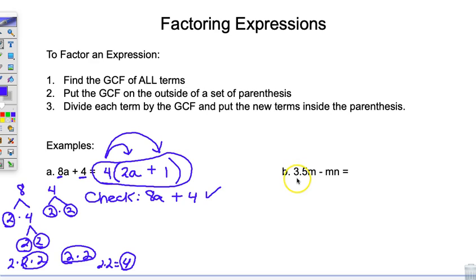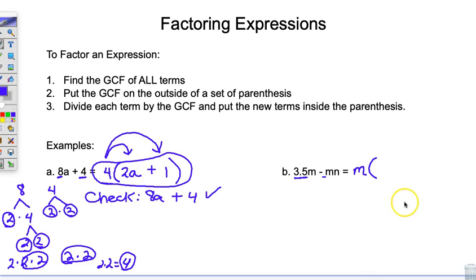In this example, I have 3.5m subtract m times n. So you can see I only have a coefficient here of 3.5. I do have a coefficient right here, and it's actually 1, but it's invisible. So when I take a look at the variables, the m and the mn, they have an m in common. So the greatest common factor is just the 1m. So I'm going to pull it out and move on to step 2.